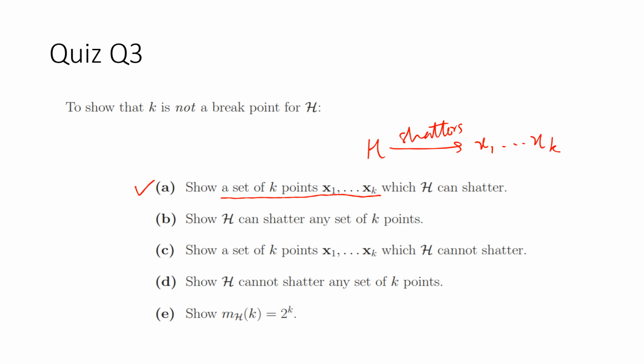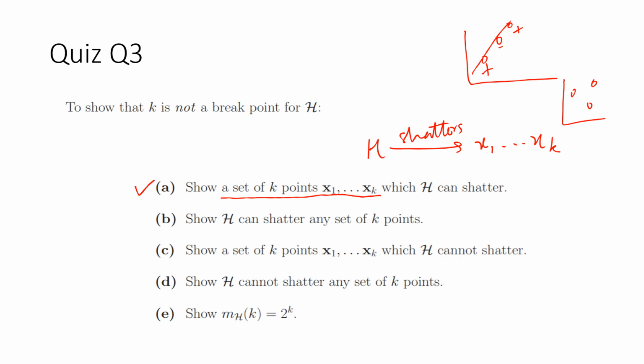Okay. B, show that H can shatter any set of k points. Well, this is technically correct, right? Because it should be applicable to any set of k points, but I think it's an overkill. If you remember the perceptron example with 3 points, we took that very peculiar set of 3 points, plus, minus, plus, and we said that my perceptron cannot shatter this, of course, but there are other sets of 3 points which the perceptron can shatter, right?